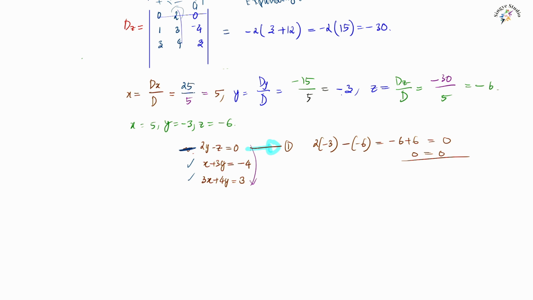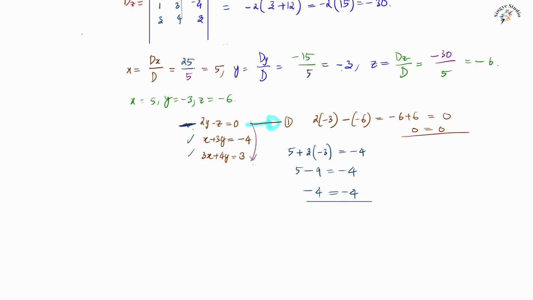For the second equation, we have x equals 5. So 5 plus 3 times the y value, negative 3, should be equal to negative 4. So we have 5 minus 9 equals negative 4. So negative 4 equals negative 4, which means our second equation is also verified. Now the final one: we have 3 times x, which means 3 times 5, so we have 15, then plus 4 times the y value, negative 3, should be equal to 3.